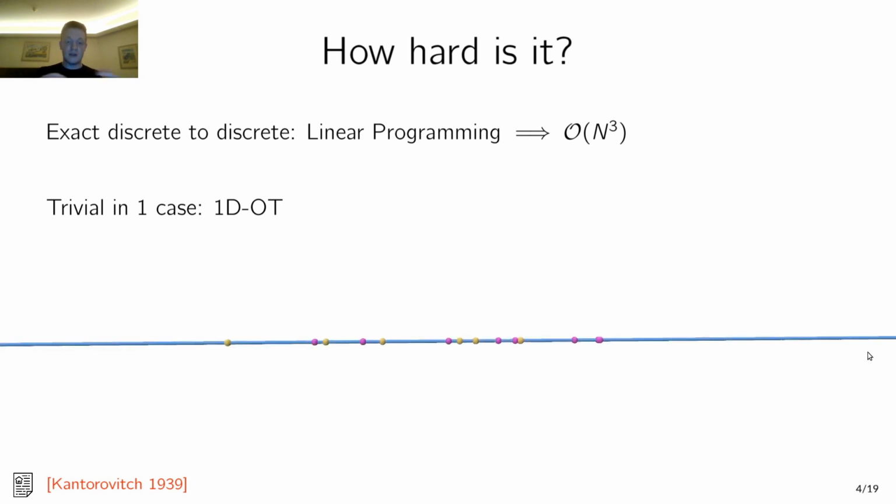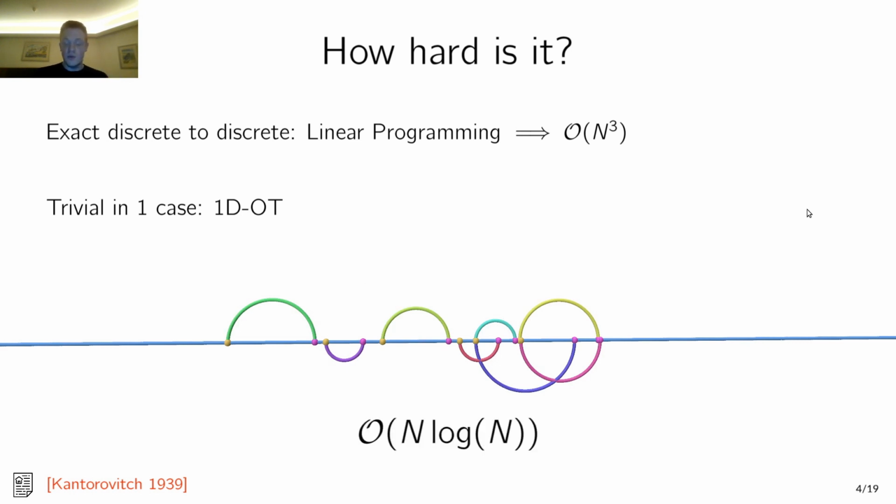Because now you have simply two lists of numbers, and all you need to do to find the optimal assignment is to sort those two lists and assign the first point of the first list to the first point of the second list, and so on. As you see, it is very easy to compute and gives you a simple n log n algorithm, since you just have to sort two lists of numbers.